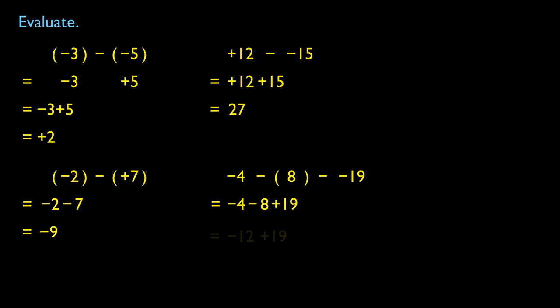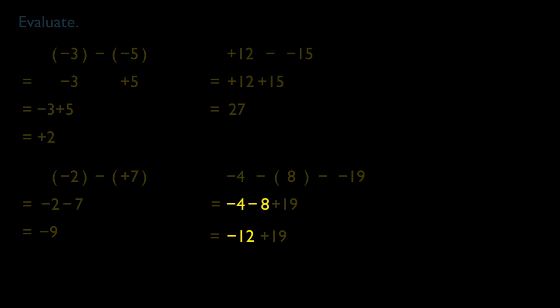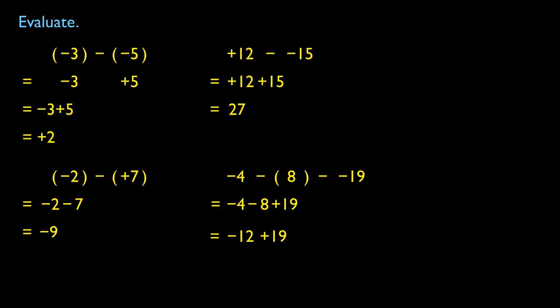Combining all the losses into a single loss, I have -12 plus 19. That was the -4 combined with the -8 to give me -12. Now I'm down to just a loss of 12 followed by a gain of 19. I recognize that that's got to be a net gain of 7, or +7, or as I like to write it, just plain old 7.